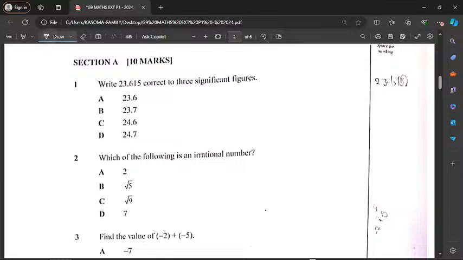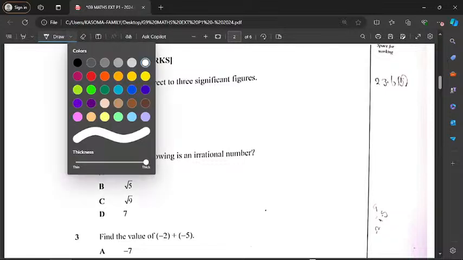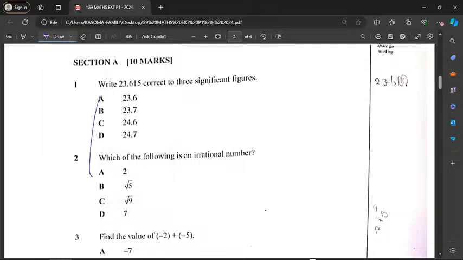So what I'm going to do is write the number which is in the question. 23.615, this one.